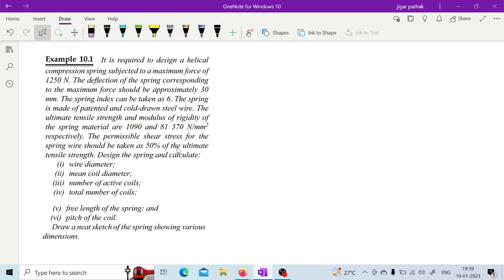The permissible shear stress for the spring wire should be taken as 50% of the ultimate tensile strength. Now design the spring and calculate wire diameter, mean coil diameter, number of active coils, total number of coils, free length of the spring and pitch of the coil, and draw a neat sketch of the spring showing various dimensions. So now, can you try this question?